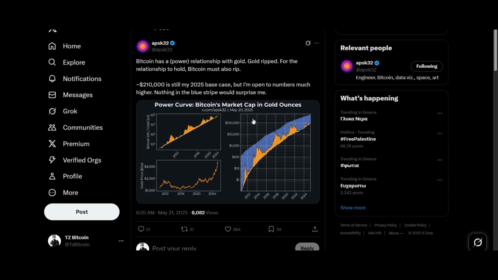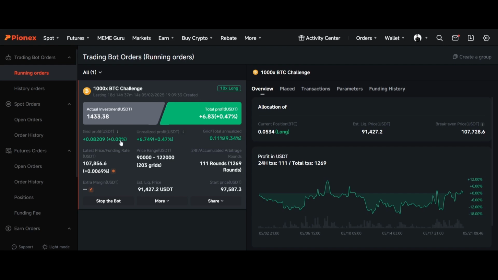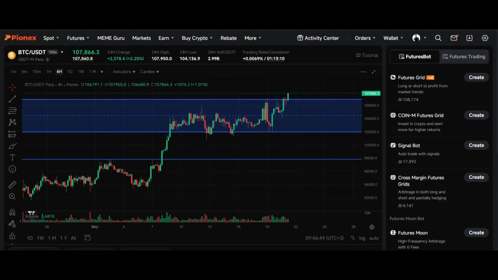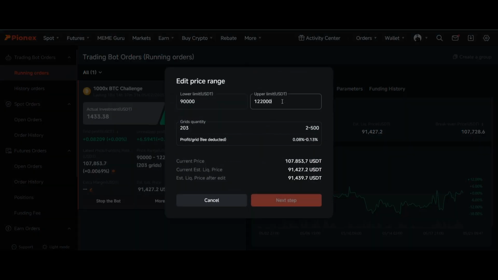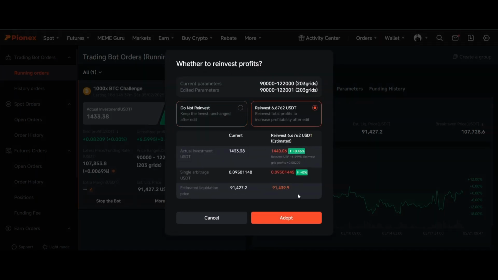Anyways, we're always going to be tracking the Bitcoin price and compounding the profits back in so we can get to $1 million. It's going to be a big journey, but it's going to be worth it. And you're going to see me once again compounding some more profits here. 0.5%.